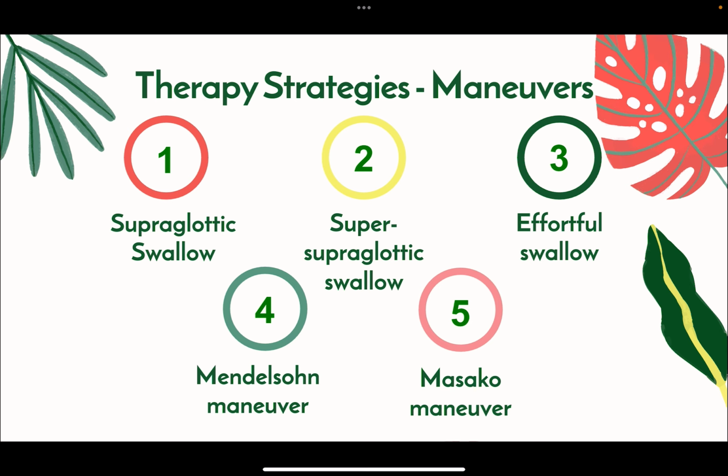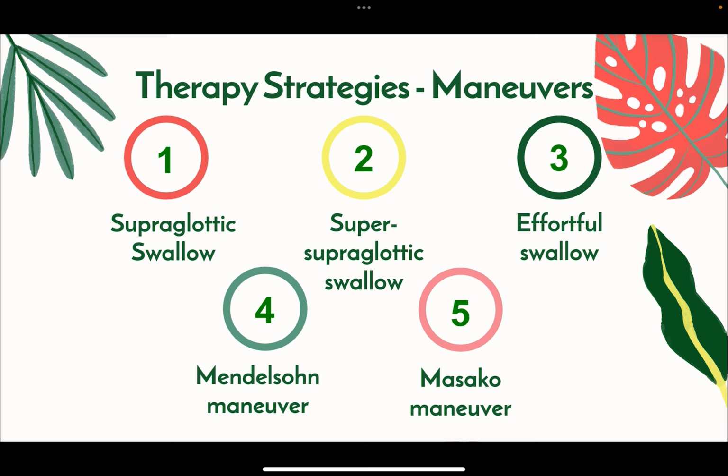And if you don't have challenges swallowing, this one's going to be really hard to do because automatically your laryngeal elevation is going to happen and then you'll swallow. So see if you can do it though. See if you can hold the larynx up, and then swallow. This is really good after a brainstem stroke.